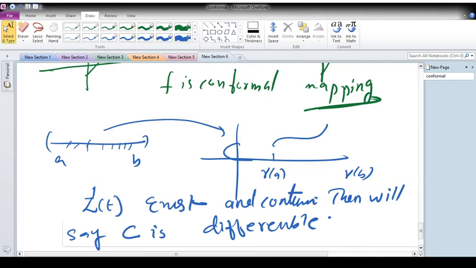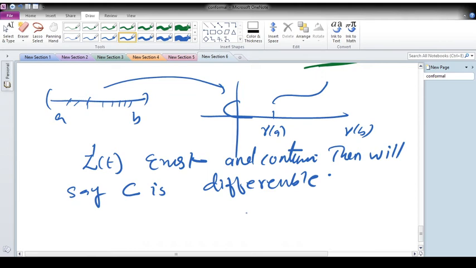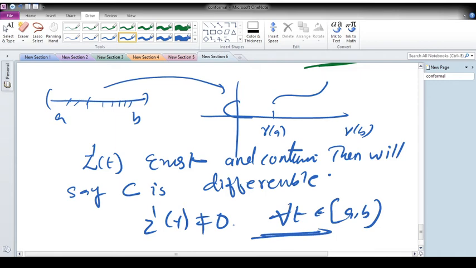Each and every point of [a, b] corresponding to C is differentiable. Then if the derivatives are non-zero, z'(t) not equal to 0 for all t in [a, b], then we can say the corresponding curve is regular.